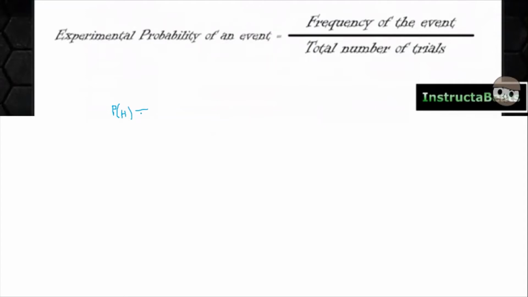That is the total number of trials. And the frequency of the event, for the probability of head, I get 3 heads. So it means the probability of getting the heads is 30%. And based on my experiment, when I toss the coin 10 times, the probability of getting the tail is 7 over 10, or that is 70%.